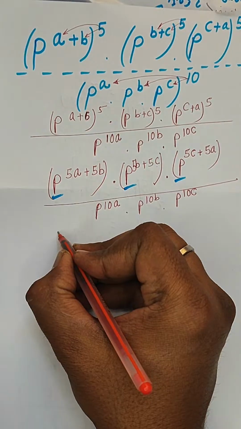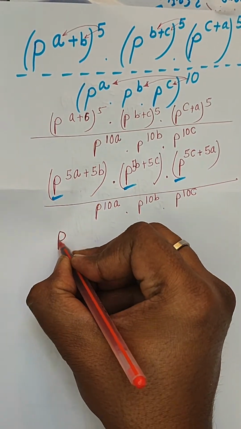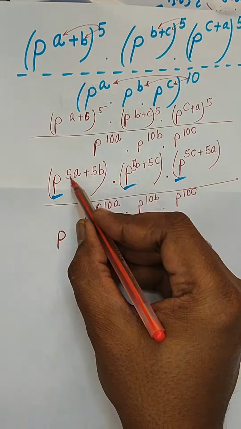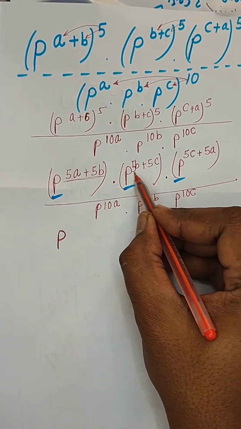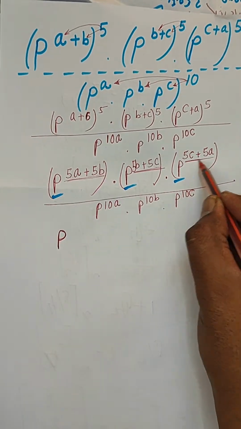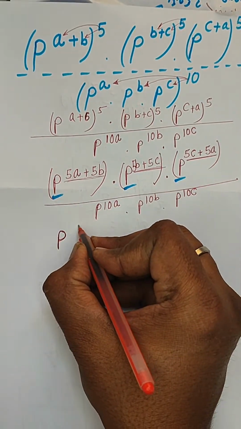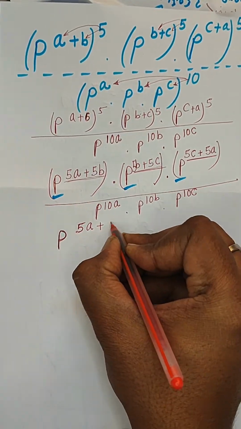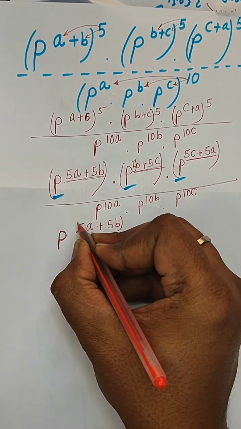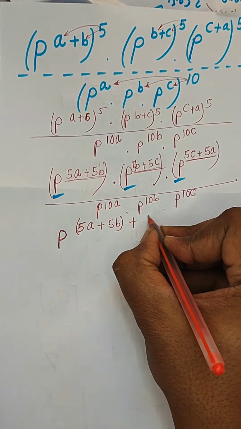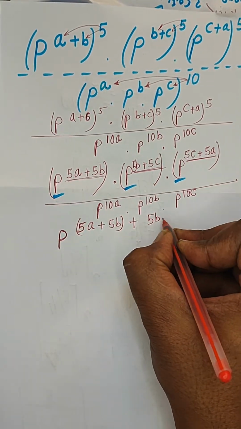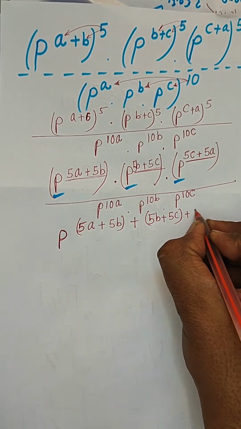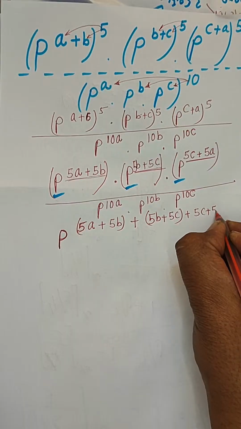So we can write the numerator as p to the power of all the exponents added: 5a plus 5b, added with 5b plus 5c, plus 5c plus 5a.